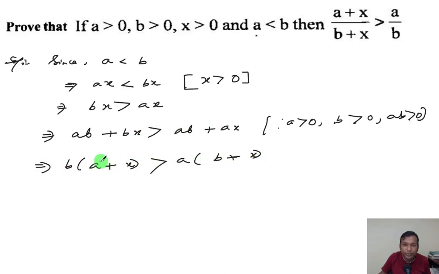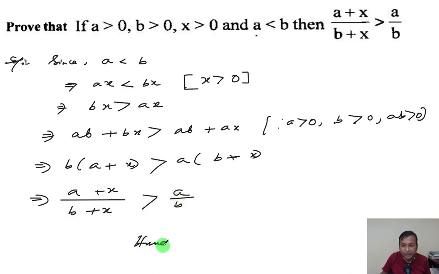Now here I have to get b plus x, a plus x by b plus x, and here I have to get a by b. So this b I'll shift to the right hand side, and as it is a positive number, if it moves to the right hand side, the sign of inequality won't change. As well as this b plus x is positive. If it is brought to the left hand side, the sign of inequalities won't change. So hence proved.